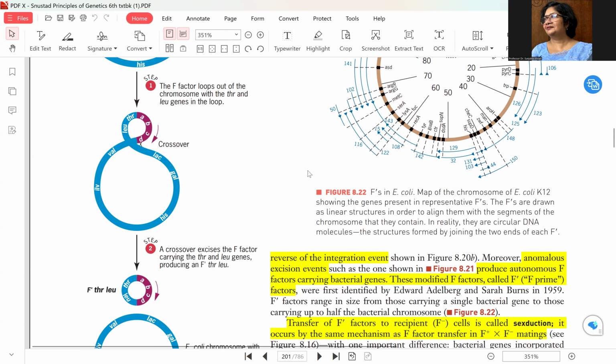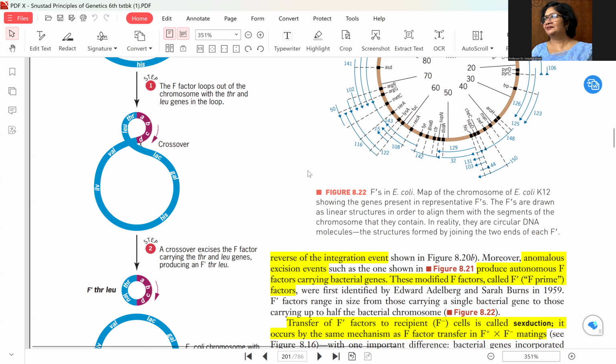But if the F factor finds a different sequence in the bacterial DNA which is homologous to it, then it might carry out recombination with that sequence. And this is very easy for the F factor to do because site-specific recombination takes place in the case of the F factor, in which very short DNA sequences are involved.